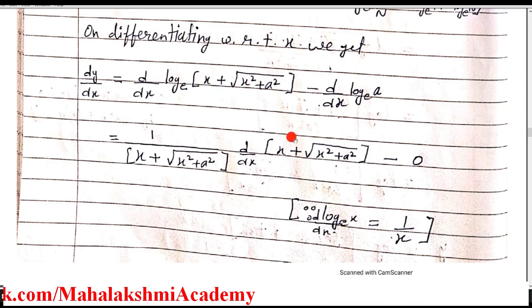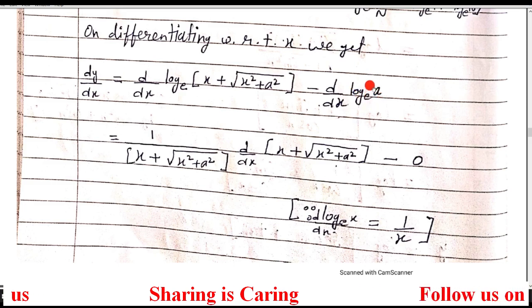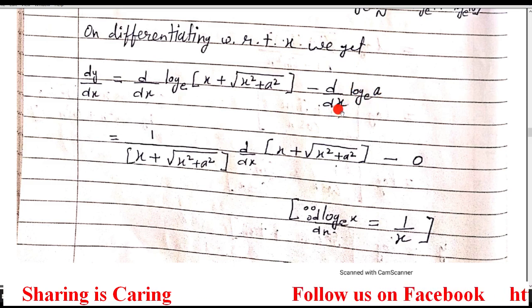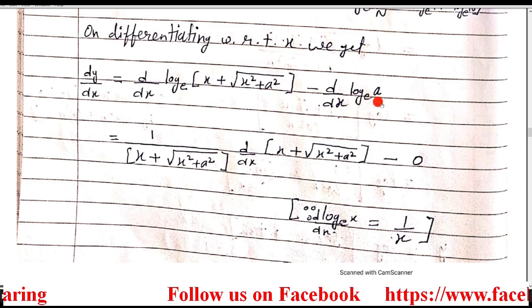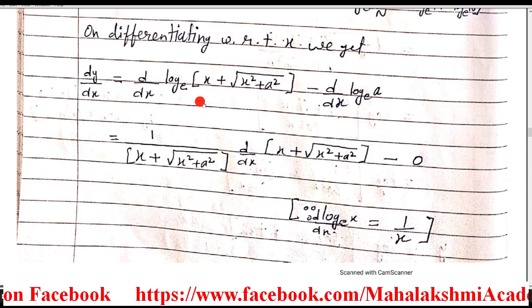Here this a is constant because we are differentiating with respect to x. Except x, all other alphabets are constant for us. Since log a is a constant, and you know that the differentiation of a constant is 0, the differentiation of log a is 0.